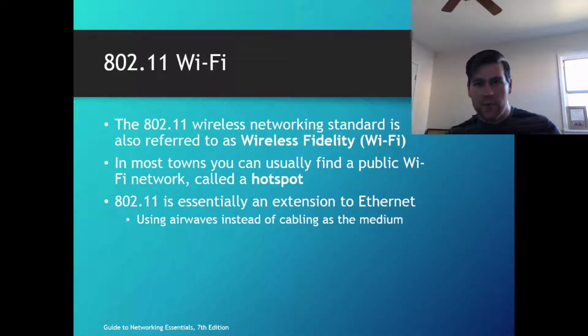Maximum frame size, minimum frame size would all be the same. So in that way, the technology is very similar to Ethernet, but rather than using cabling as the medium, it's using the airwaves, and so that's where the 802.11 comes in. So it's a different technology as far as the medium is concerned, but as far as the underlying functionality of how frames are sent, it's the same.